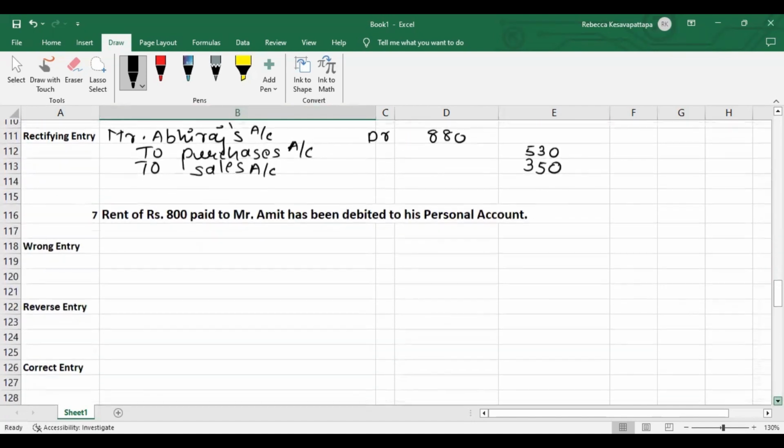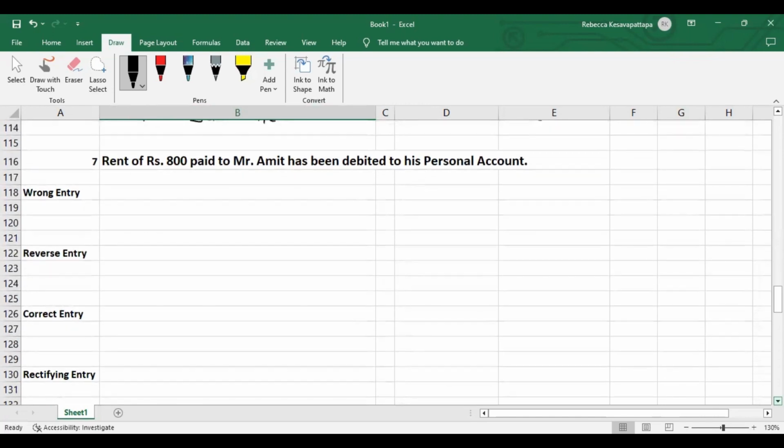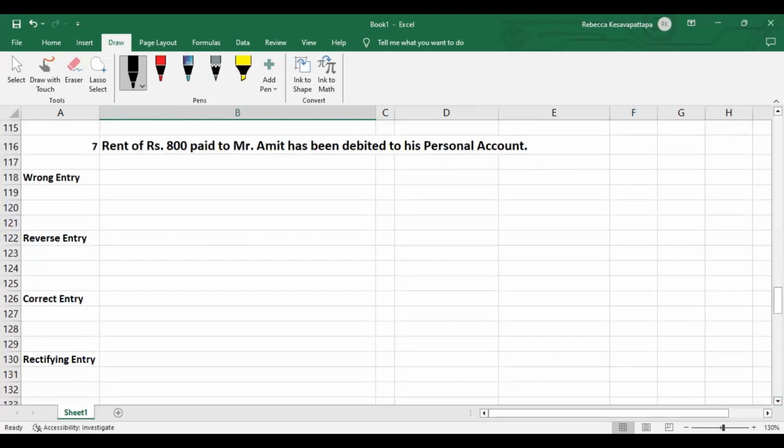Coming to the next example, the seventh one. Rent of rupees 800 paid to Mr. Amit has been debited to his personal account. Now rent of 800 was paid to Mr. Amit. Again, what has been debited? Personal account. Instead of debiting rent, debit all expenses and losses, what has the accountant debited? His personal account. Amit was being debited.